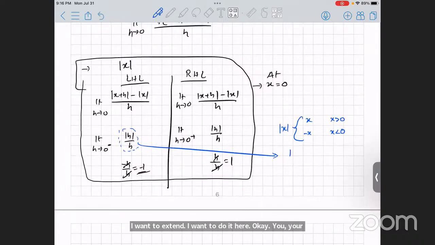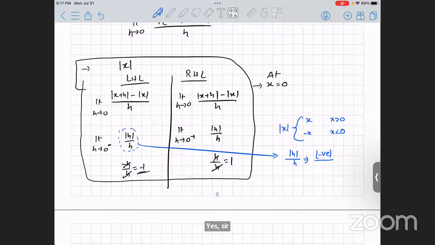Mod h means minus h by h here, for a negative value. At the bottom, h tends to minus, so it is negative. Mod of negative is positive divided by negative. What is the final answer? Negative. Agree? Clear? Did I clear your doubt?